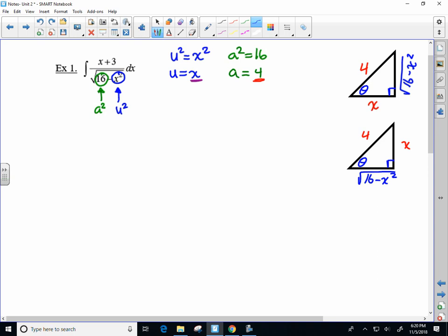So in the grand scheme of things, it really doesn't matter what the rules say on the previous page, as long as you can come up with the placement of your u and a values such that the missing side is the same as the radical contained within your integral. All right. So at this point, we can choose. I'll use the second one only because it's consistent with the rule that I have on the previous page, but it's going to work either way.